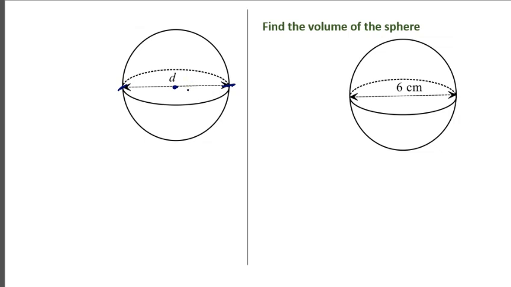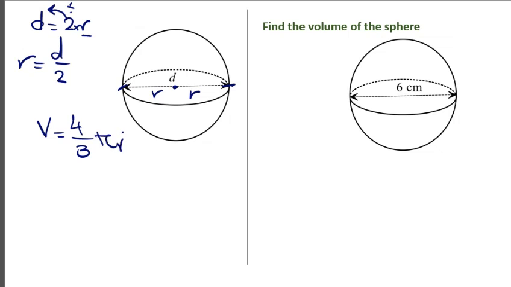If you look closely, this diameter is equal to r and r. Diameter equals 2r. So, by using simple equation skills, if you want to solve for r, send 2 to the other side by opposite operation. The operation between 2 and r is multiplication, so send it by division. So r equals diameter over 2. Once you get the radius, congratulations, calculate the volume 4/3 pi r cube.